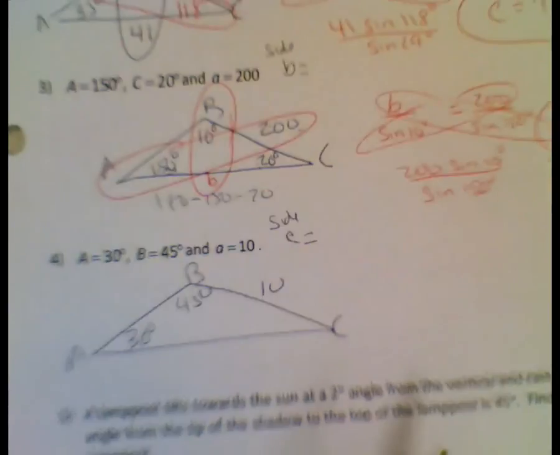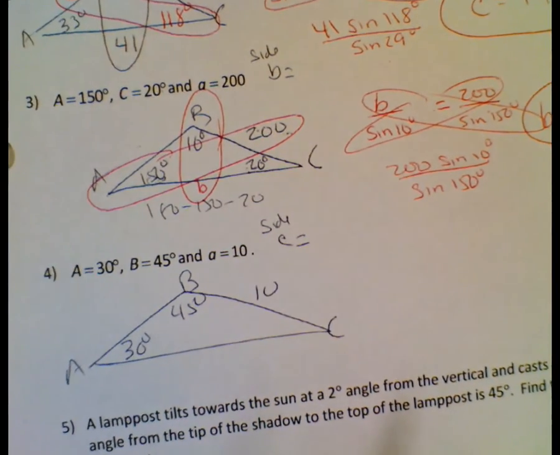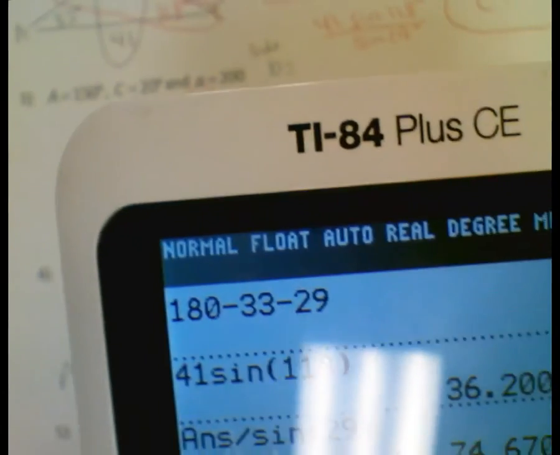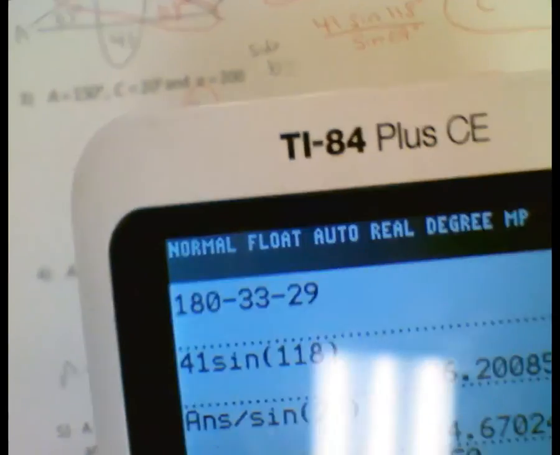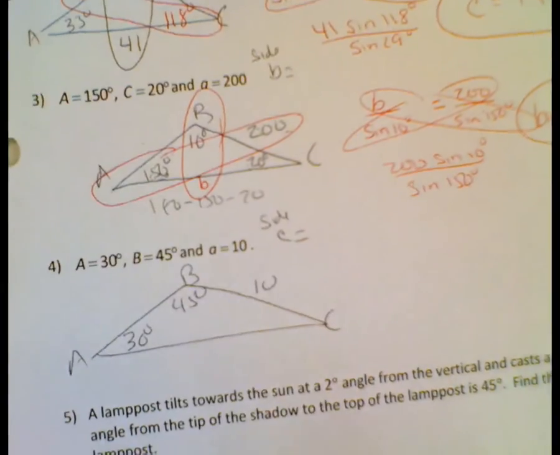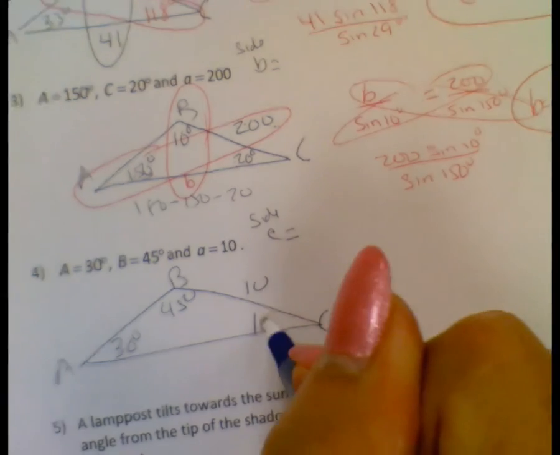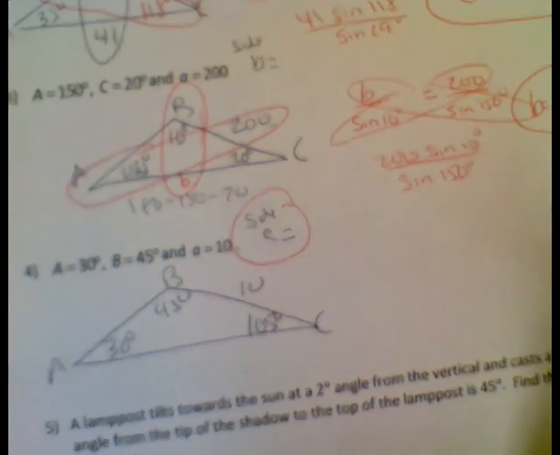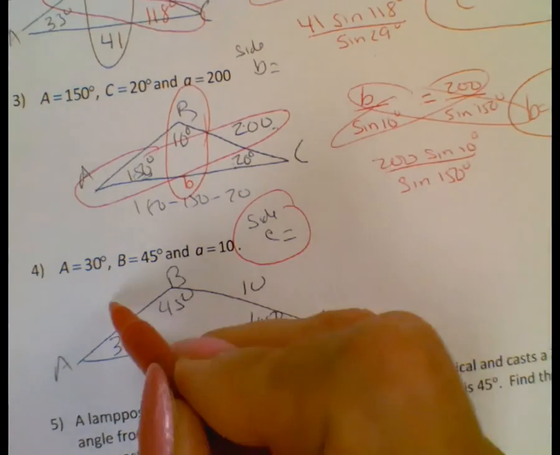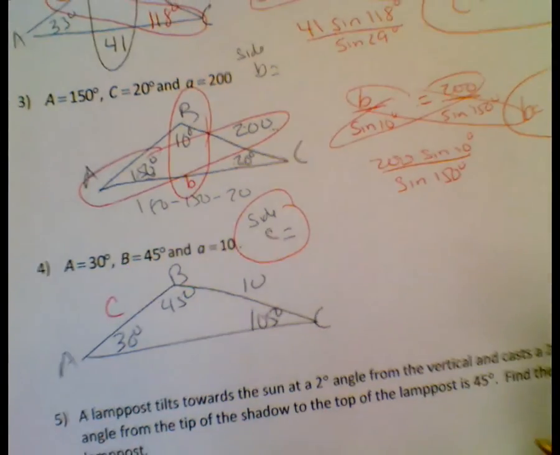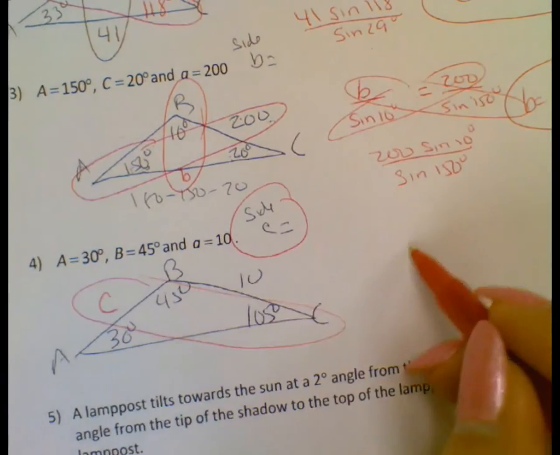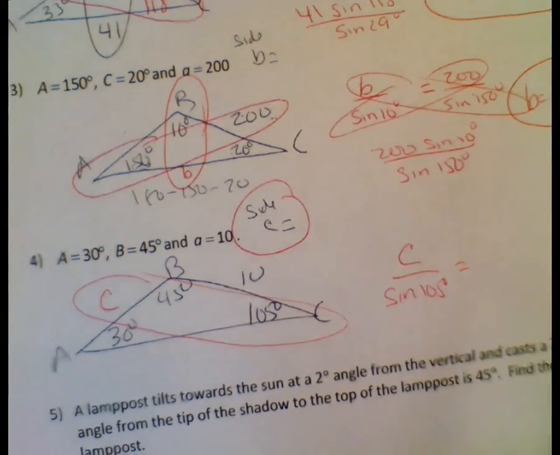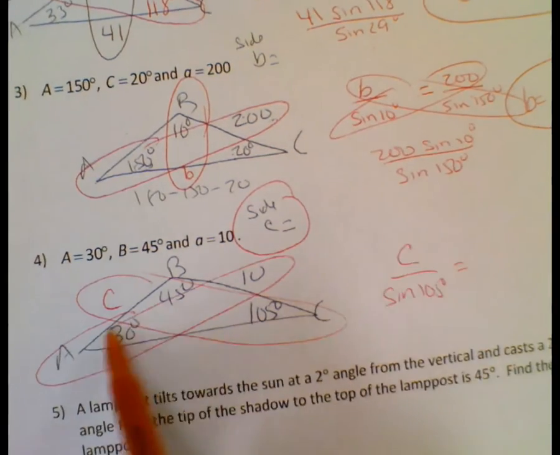So I filled in everything they've given us. Let's find that third angle. 180 minus 30, minus 45. This one is 105. So this is 105. And I told you to solve for side C. Okay, side C. So let's put that in there. That's what we're solving for. So we're definitely going to be using this ratio: C over sine 105. Which ratio do we know? Looks like we know the A ratio.